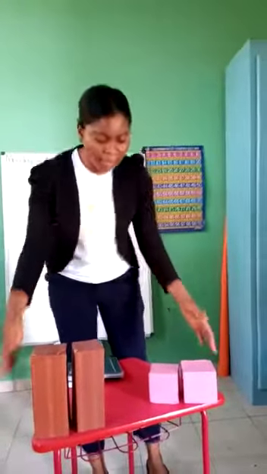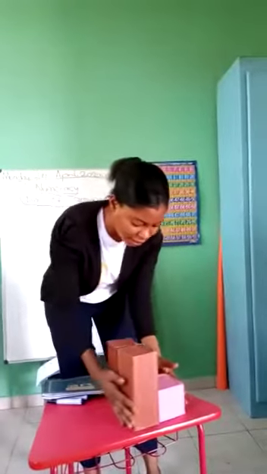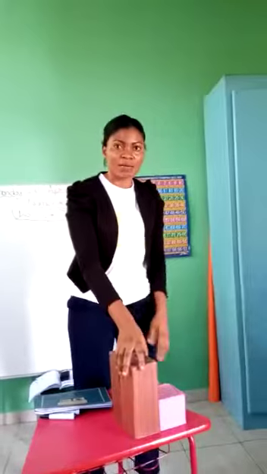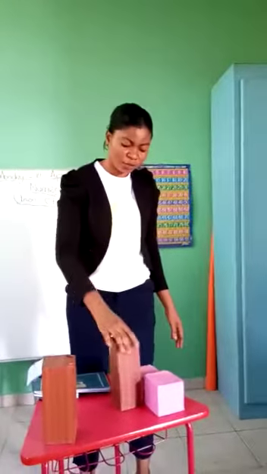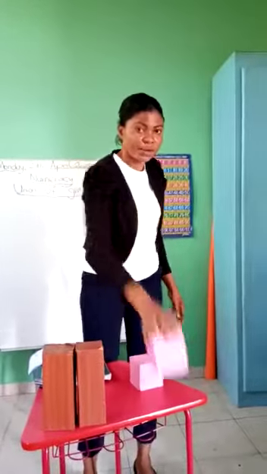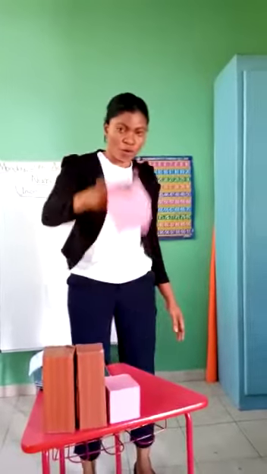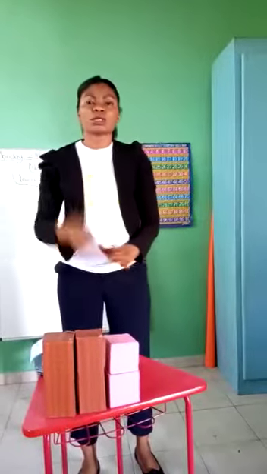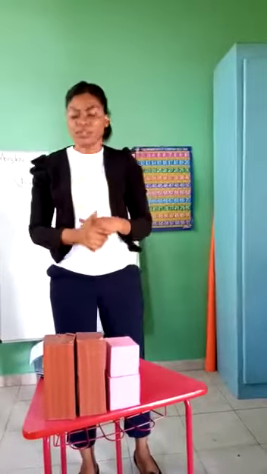So now we want to put it together and see the total number of objects that we have. So we are supposed to put it together like this. Then we count all. Okay, so help me count. 1, 2, 3, 4. Good. So this simply means that if you add 2 to 2, you will get what? 4. That is good.